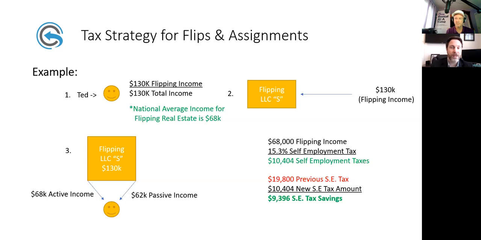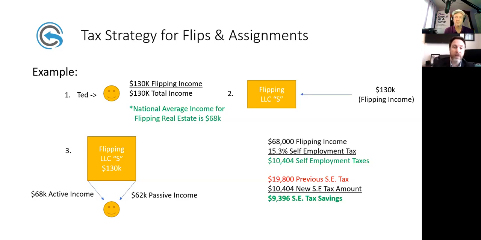And I base that on the amount of time that I've been doing it, the experience I have, and the actual hours and minutes I put into finding these properties. And the national average for all of those things equaling my circumstances was $68,000. Then I'm going to be able to lower my Social Security taxes.